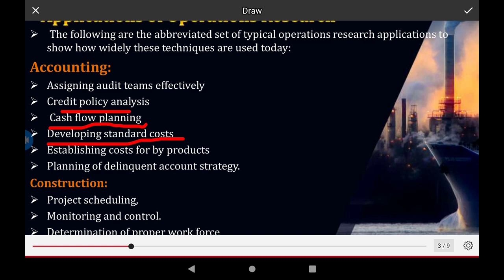Establishing the cost for buying a product. You purchase some products that meet the standard of the industries, with taglines and the logo of standard organizations, and you establish the cost.